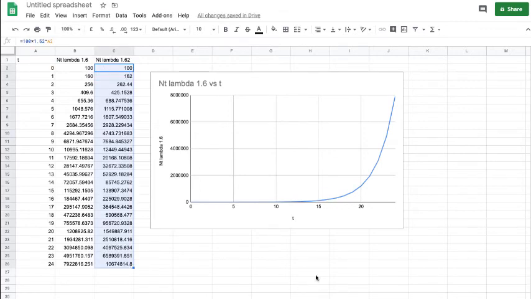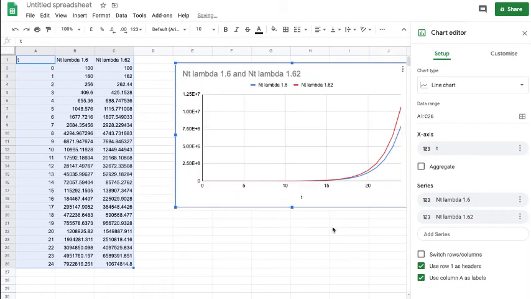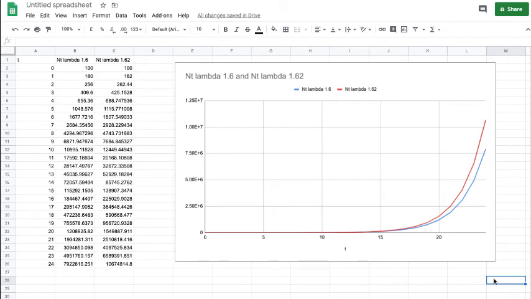Let's take our population with lambda equal to 1.6. If we bump lambda up to 1.62, after 1 year, the difference in growth rate would only be 1.25% greater, pretty small.